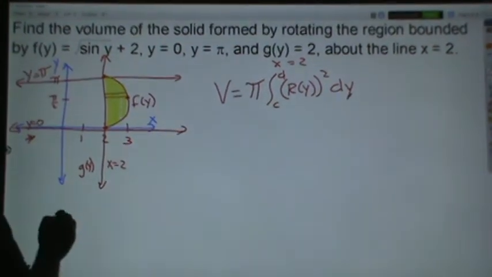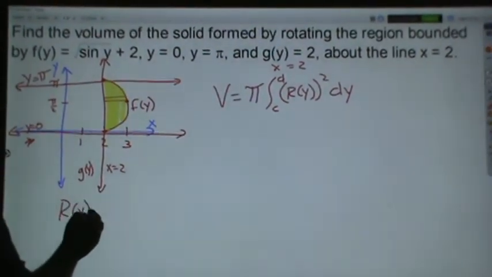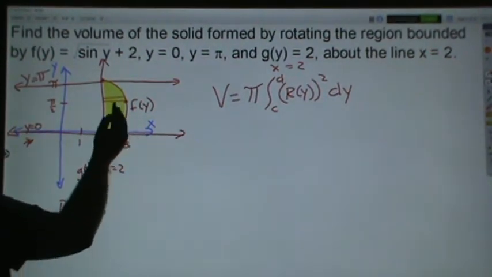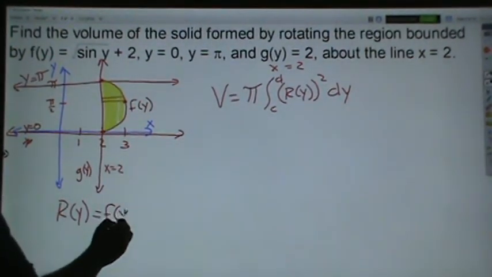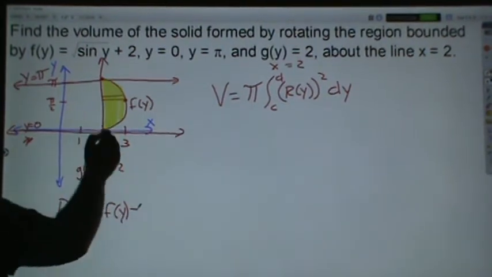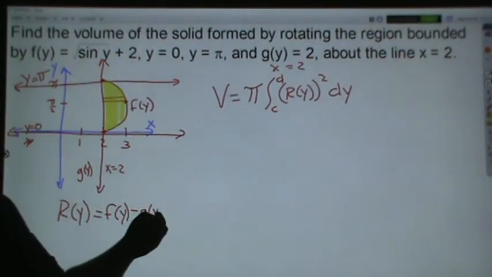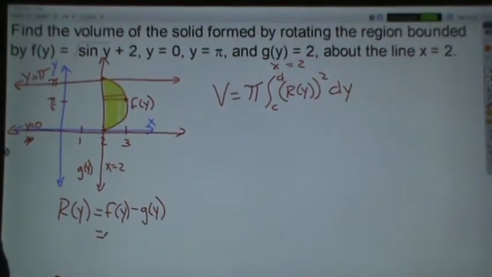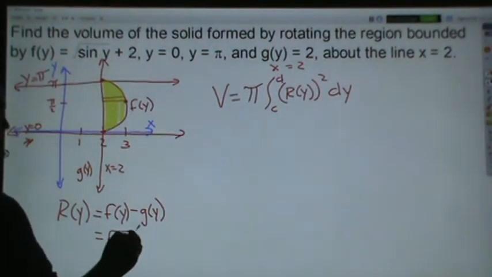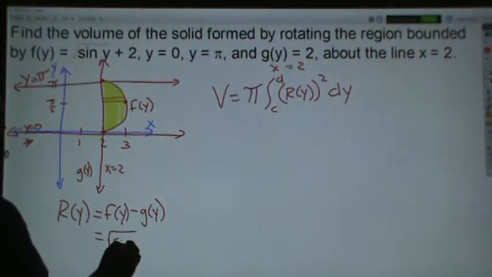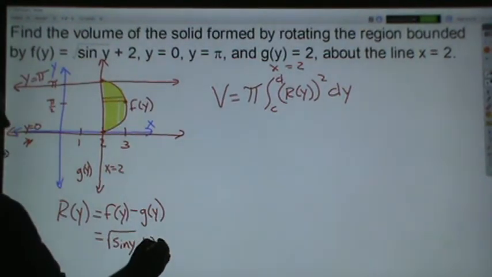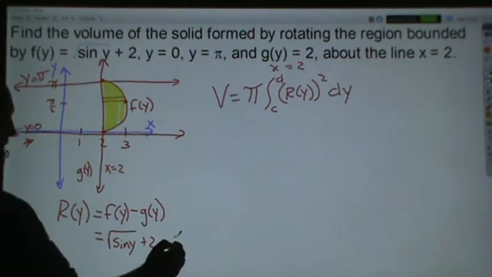So r of y is the upper curve minus the lower curve, so upper is further to the right, so we're going to have f of y minus the lower curve, g of y. So f of y is the square root of sine y plus 2 minus g of y is 2.